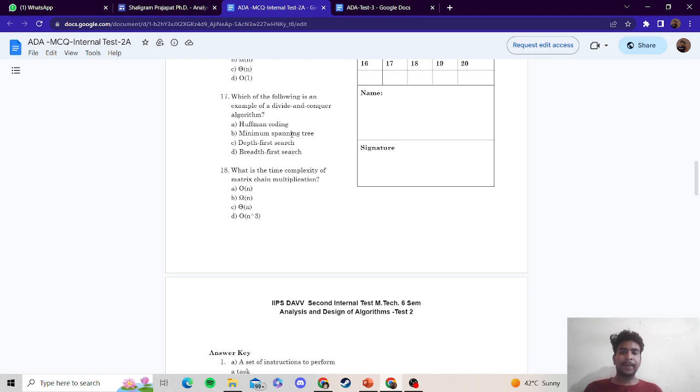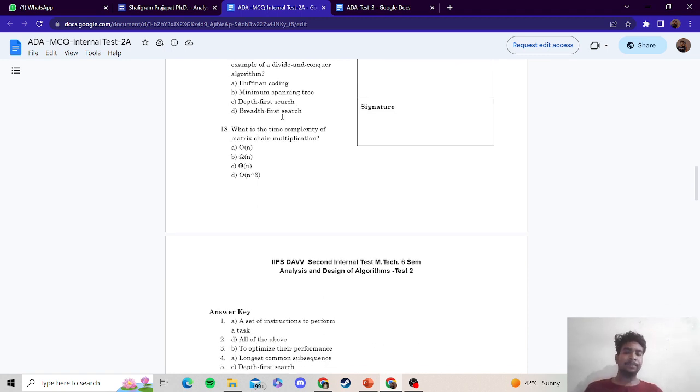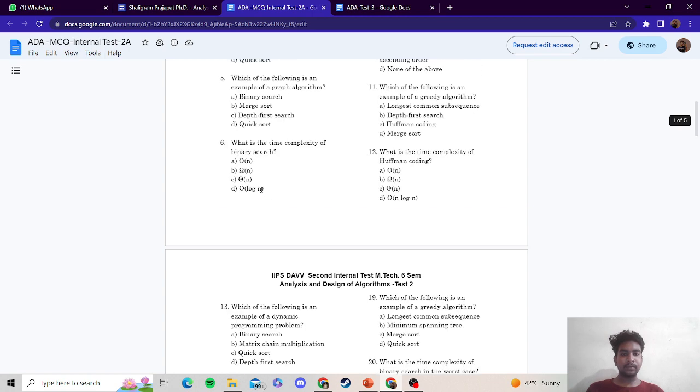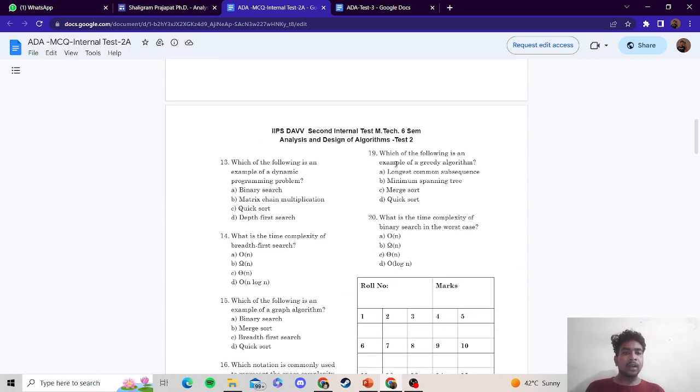So minimum spanning tree is an example of divide and conquer algorithm. What is the time complexity of matrix chain multiplication? Order of n to the power 3 is the time complexity of matrix chain multiplication. Which of the following is an example of a greedy algorithm?